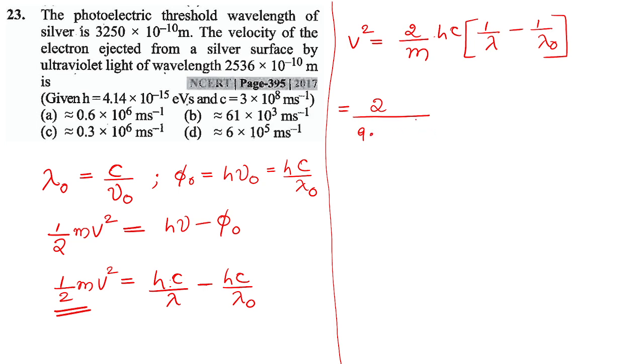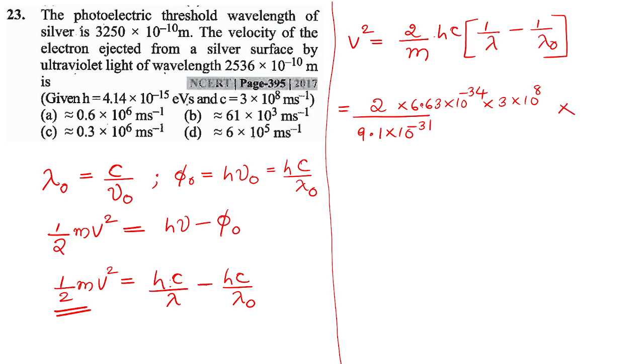9.1 into 10 raised to minus 31. h is 6.63 into 10 raised to minus 34. c is 3 into 10 raised to 8, into 1 by lambda. Let me write here, there is no space. So you do it after the class.